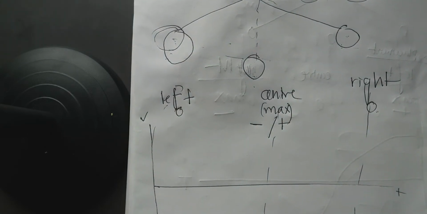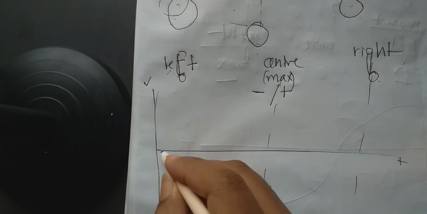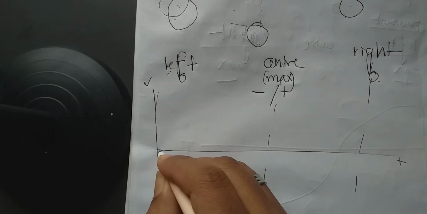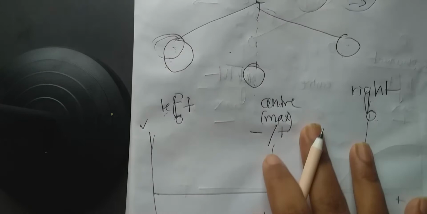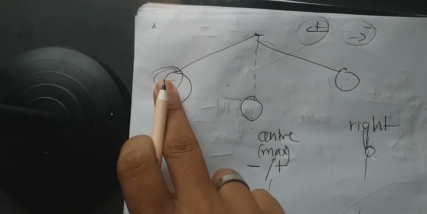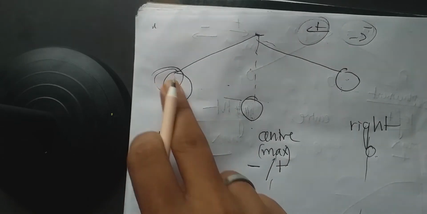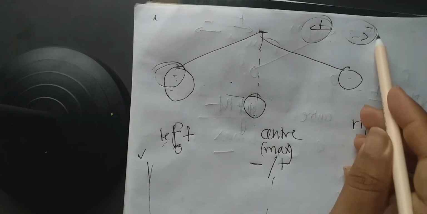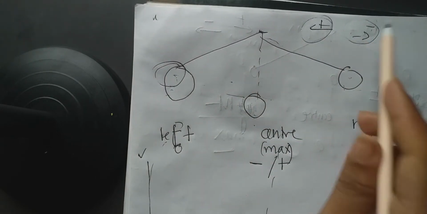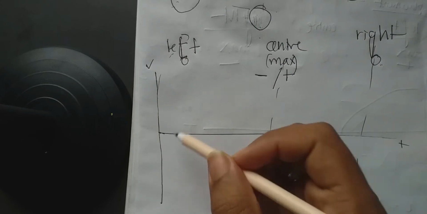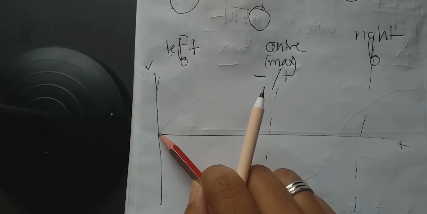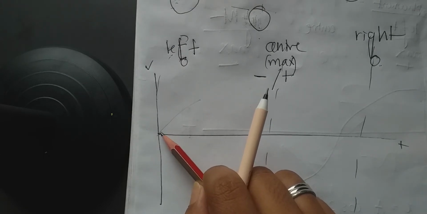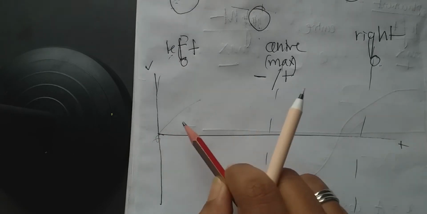So what we know is the curve should start from 0, from the x-axis. For this curve, let's say it's traveling from this side to this side, so the displacement is minus. So this could also go like this, and the main thing is we have to start from the center, from 0.